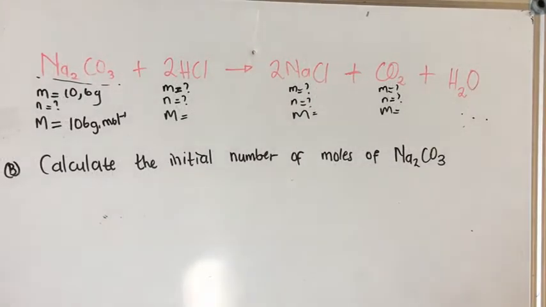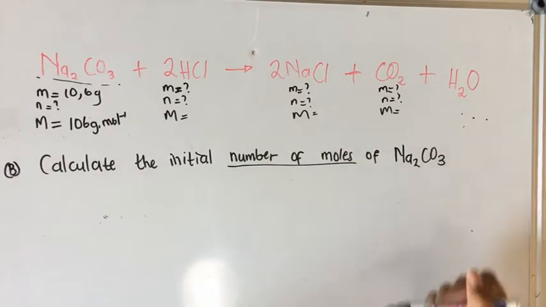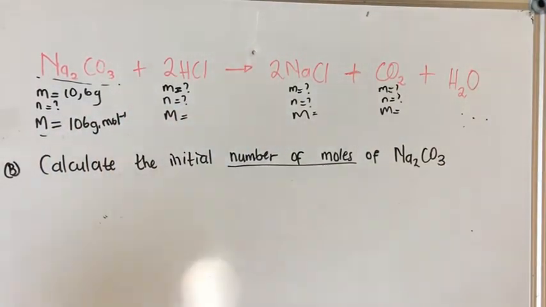Umbuzo wethu olandelayo uthi calculate the initial number of moles of sodium carbonate. Okay, so manje usucalculate i-molar mass ye sodium carbonate uthola ukuthi u-106 grams per mole angithi. Okay, so now sebenzisa i-formula yethu.